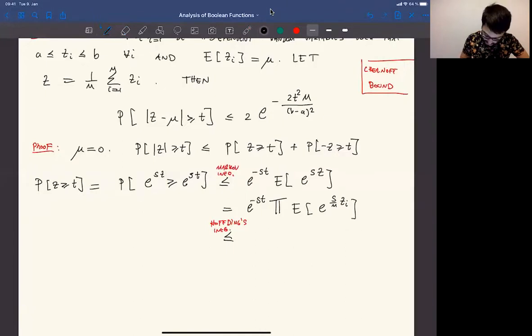which says that each one of these terms in this product is bounded by the same quantity, which is this here. I believe it's minus. Yes.